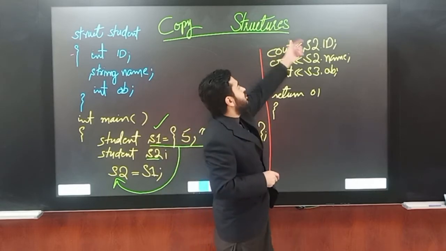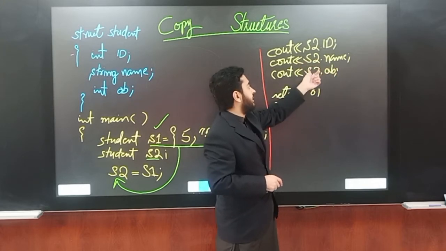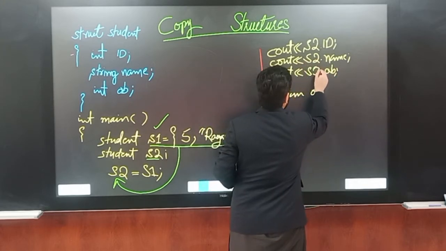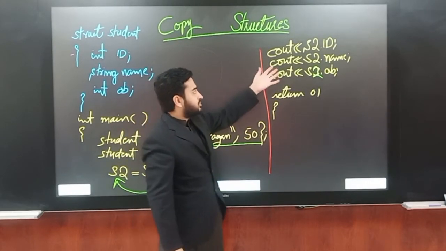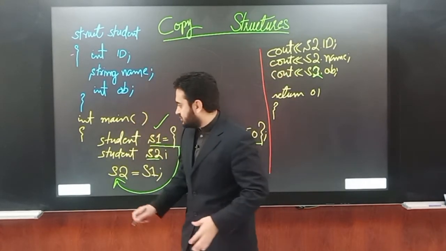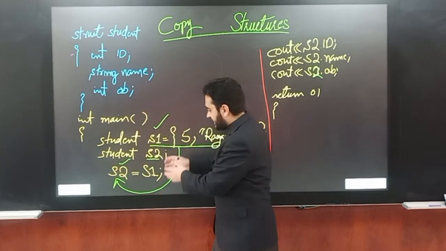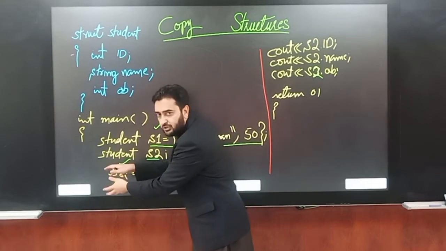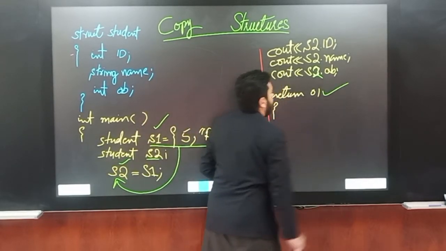So cout s2.id, s2.name and s2, sorry, this is s2.ob. In this way we are going to print out the values assigned while copying the values of s1 into s2, and then we are terminating the main function.